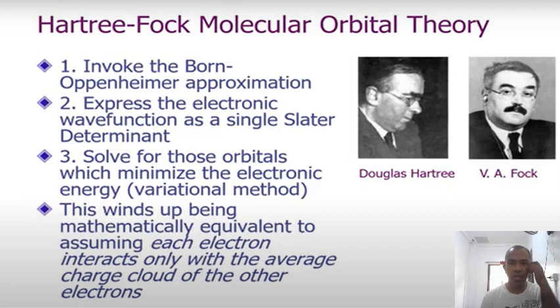We can apply the variational method and say those orbitals are going to be the ones that minimize the energy. We're not going to prove this right now, but it turns out those last couple of assumptions wind up being equivalent to assuming that each electron sees just an average charge field from the other electrons, and that averaging is what introduces a little bit of error. Next slide.